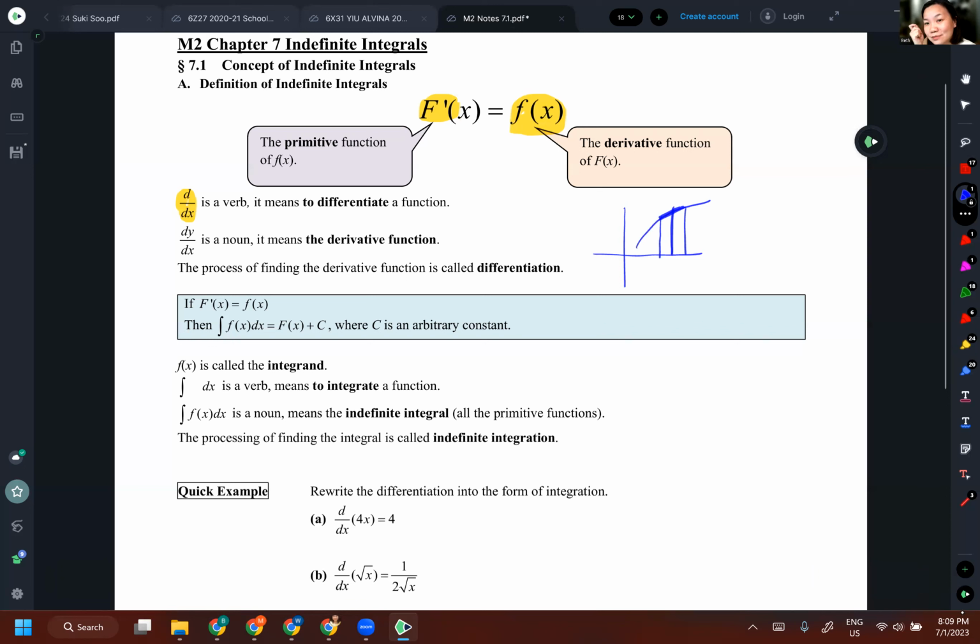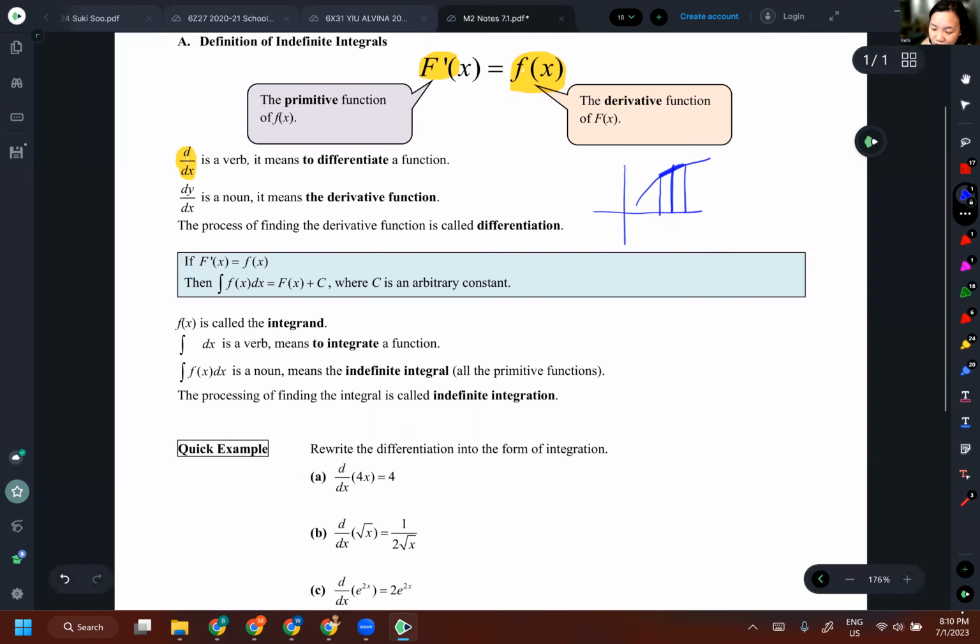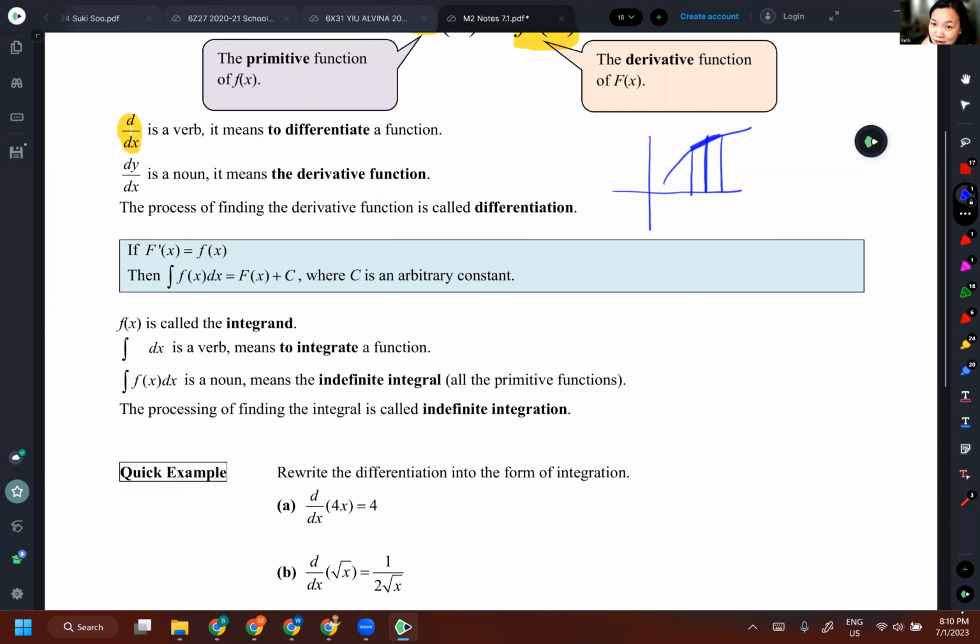And the first principle means, in the first principle, you need to cut this curve into very small pieces. So differentiation comes from to cut things into pieces. Anyway, that's the end now. We already finished it. Now today we need to learn what is the opposite operation of differentiation.